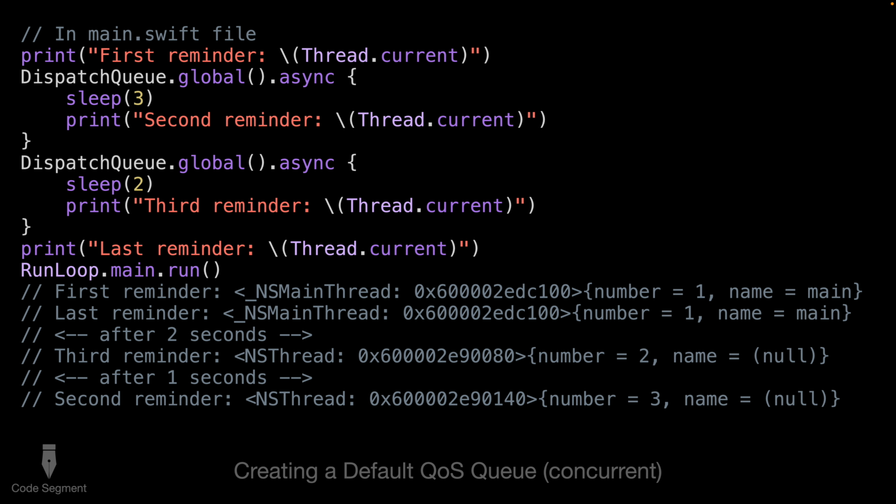In this case, we have created 2 different queues. We are doing this on 2 different queues. As a result, we end up on 2 different threads. Queues returned in this way are by default concurrent. They are not serial. Cool. Any questions about DispatchQueue.global?